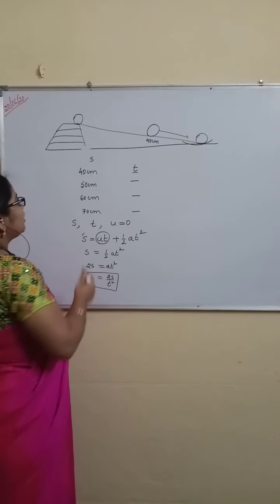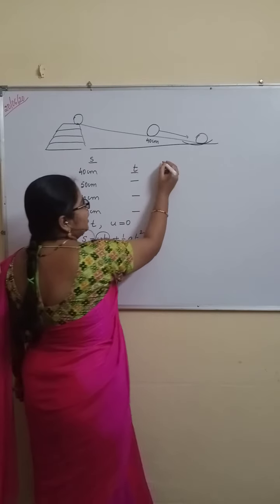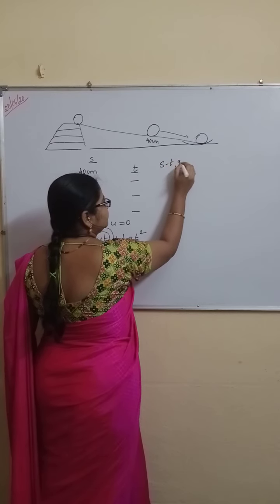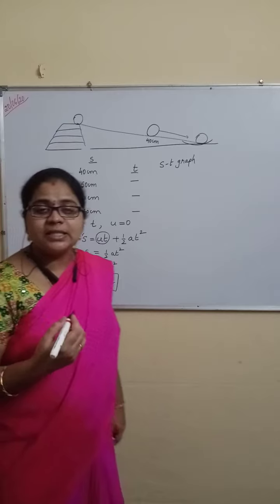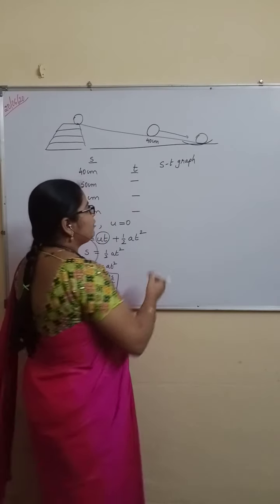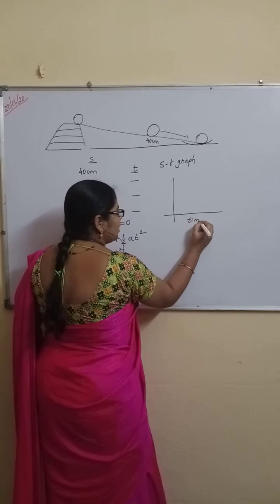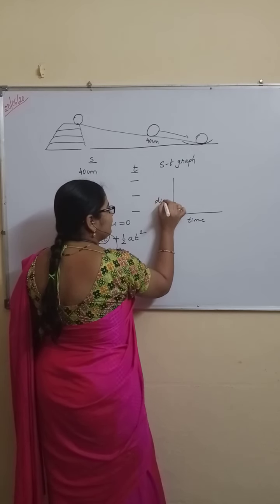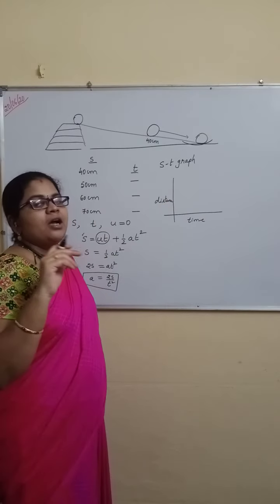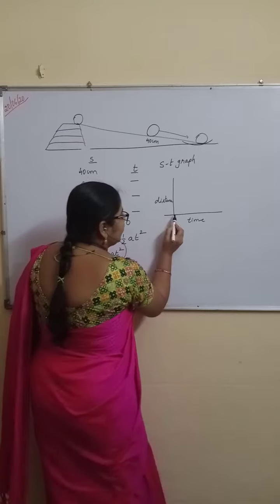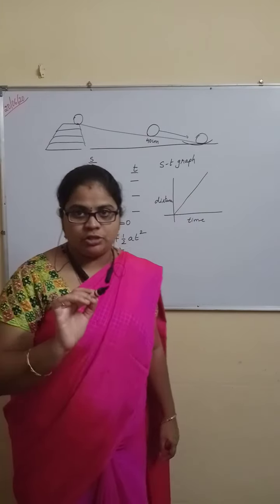And even here we are getting S and T, right? You can make an ST graph also, the distance and time graph. Okay, when you are taking the time along the x-axis and the distance covered by the marble along the y-axis, if the graph is a straight line, then it is uniform motion.